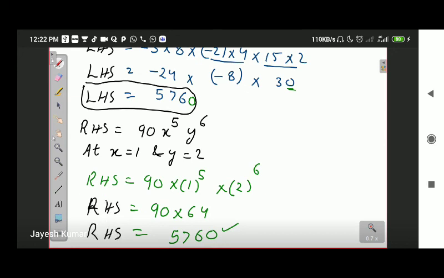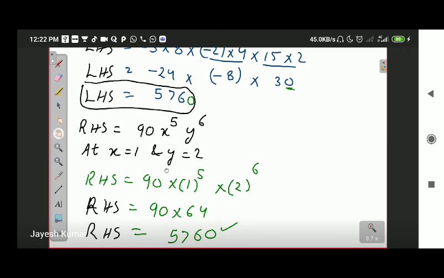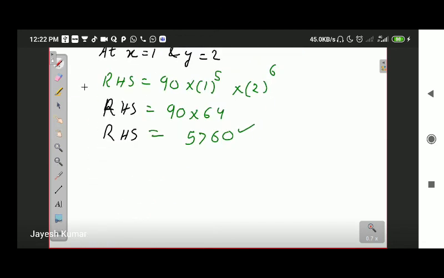So finally we are going to write it down as, since left hand side and right hand side are both equal to 5760, hence verified.